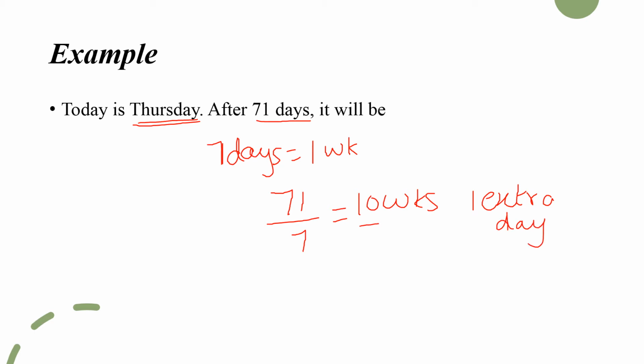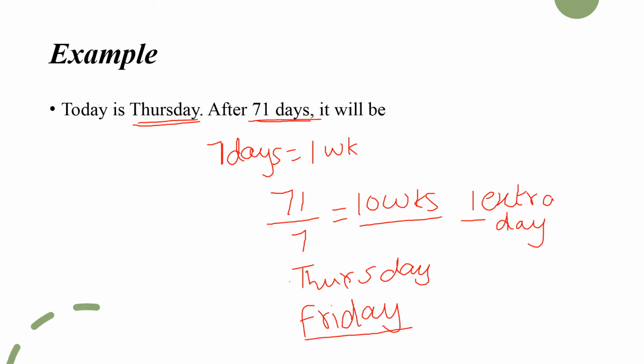After 10 weeks, the day comes as Thursday. We have one extra day here, so after Thursday, Friday will come. So the answer is Friday. After 71 days, the day is Friday.